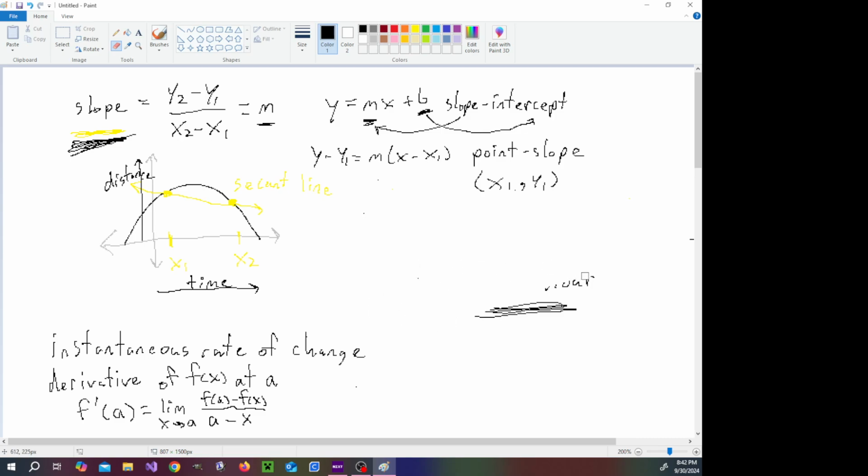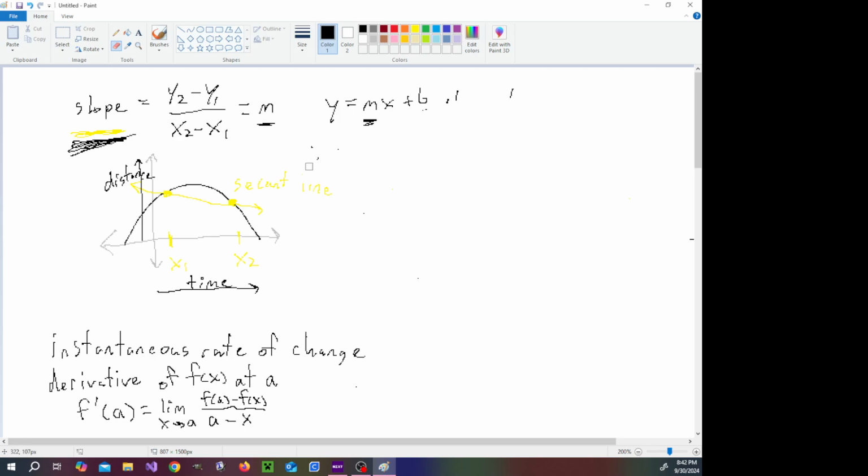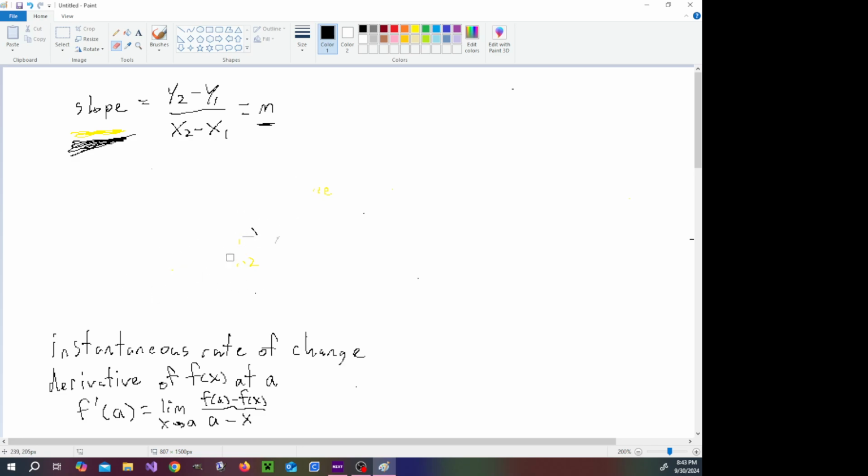I still haven't figured out how to make the eraser bigger. Maybe I'll cut this from the video. Maybe I'll leave it in to give us time to write things down and catch up and just think about what we're doing.